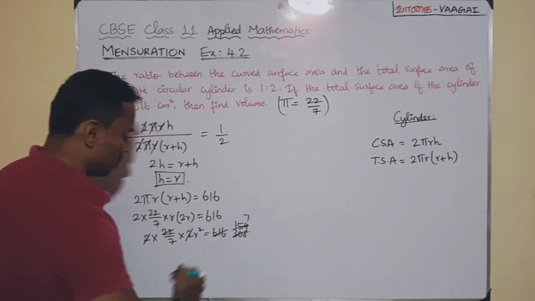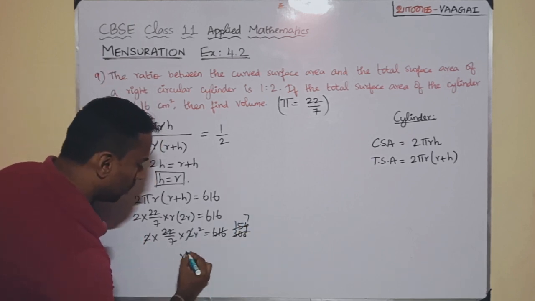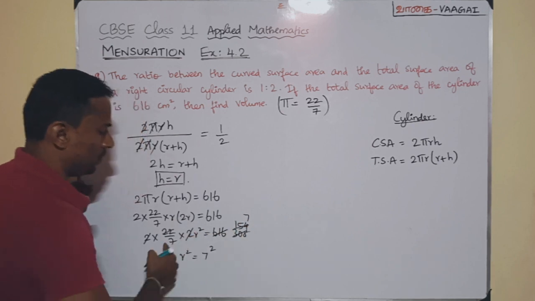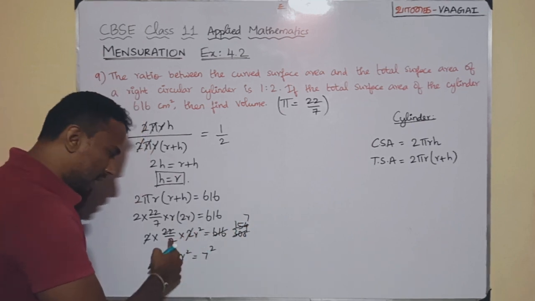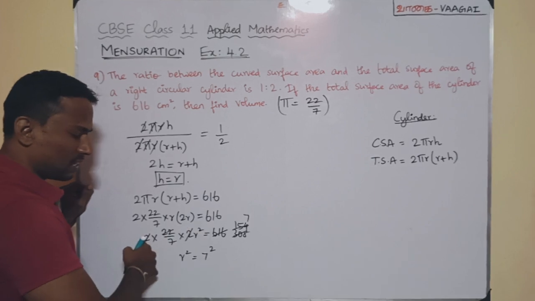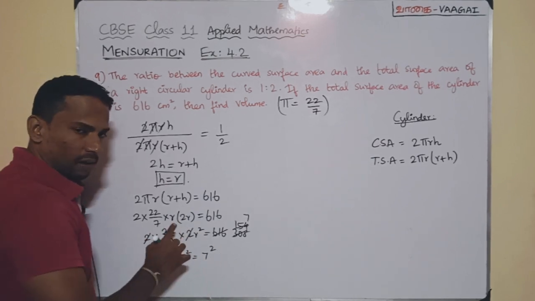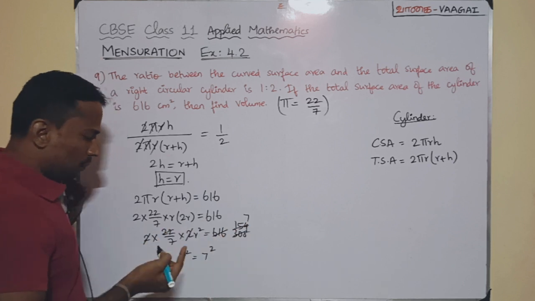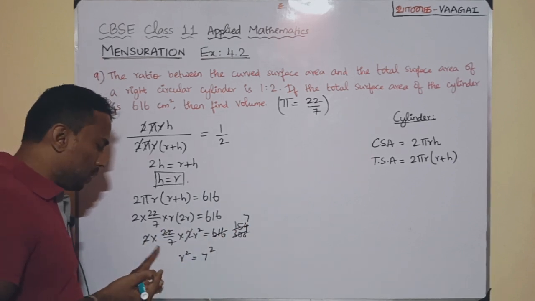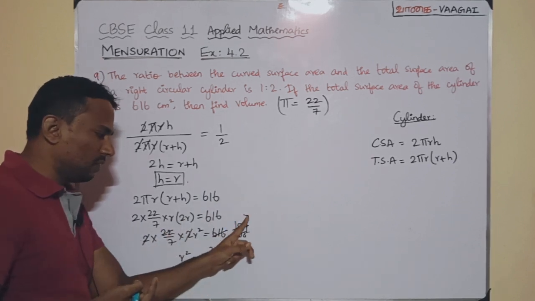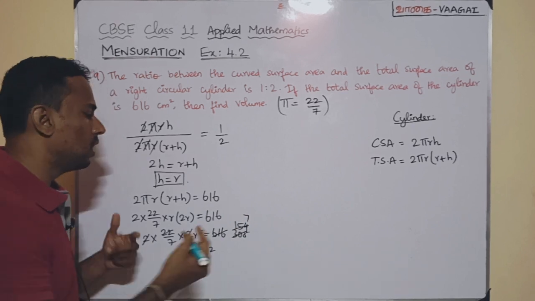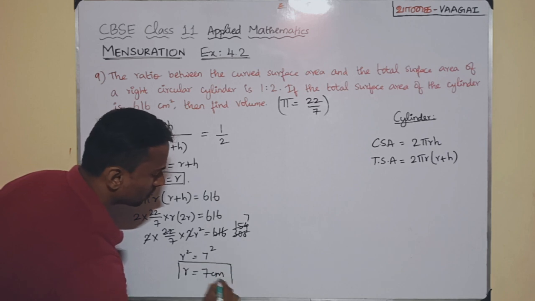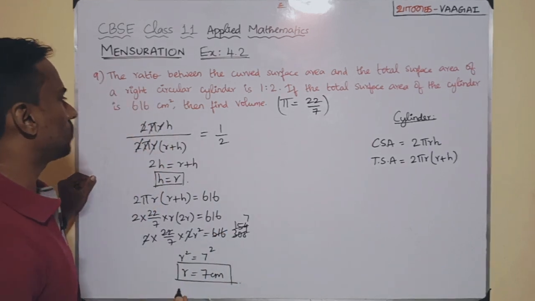So finally I have R²/7 = 7, because on the left-hand side I cancelled all the numbers. That means R² = 7 × 7, which is 7², and finally R = 7 cm. We got this successfully.